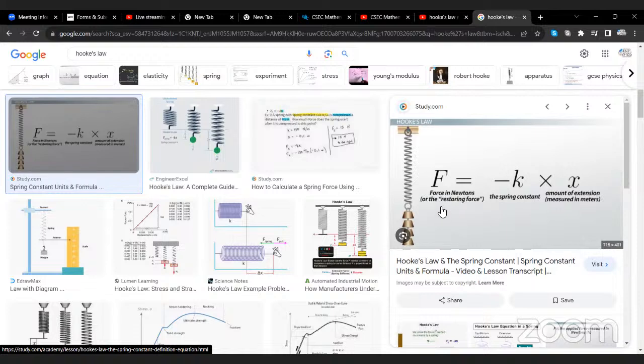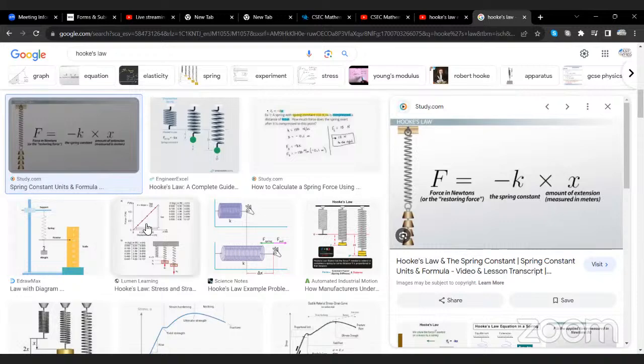We have the force, we also have a constant, and we also have a variable. This x is a variable, the extension, and the force is a variable too.